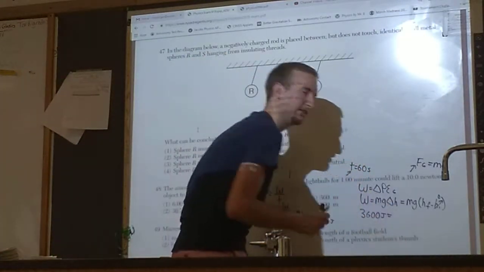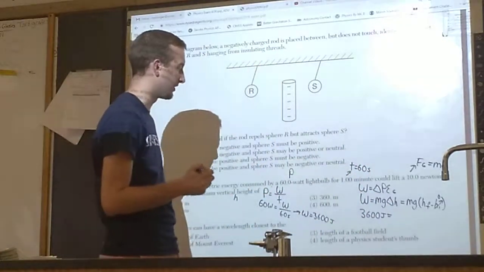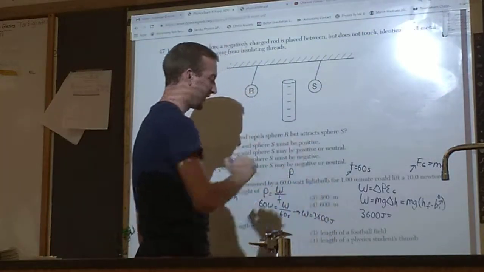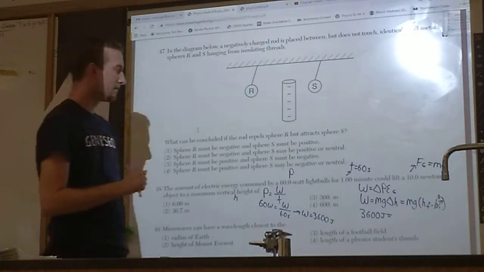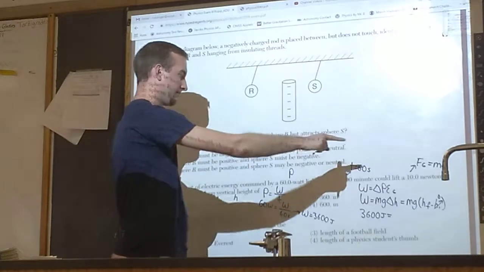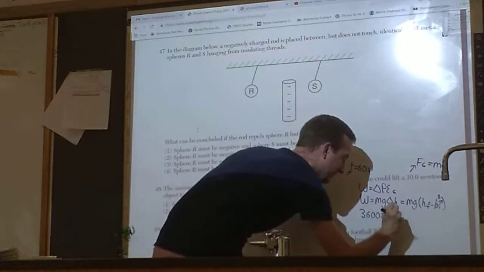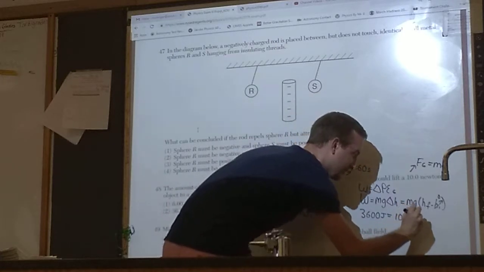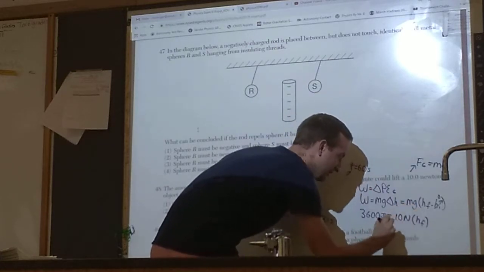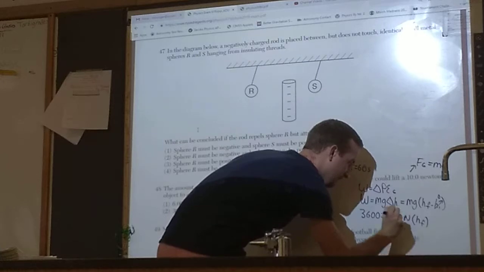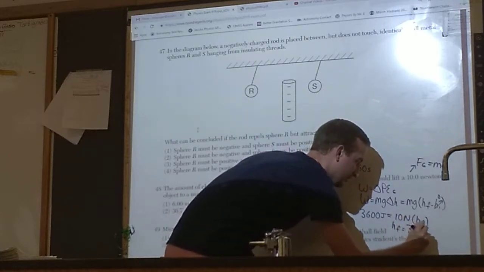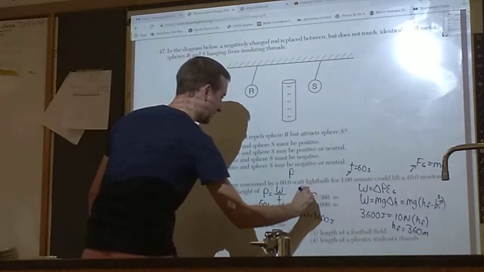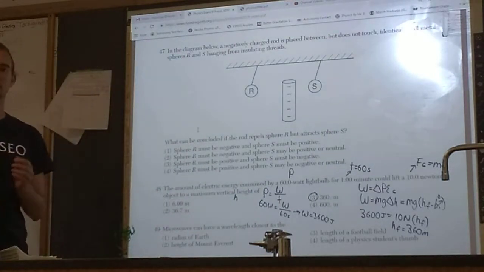That'd be kind of cool, have a light bulb turn on and it brings something up. 3,600 joules equals, let's see, our 10 Newton object. That's our mg that we just plugged in for, and we're solving for the final height. We get that the final height must be 360 meters.